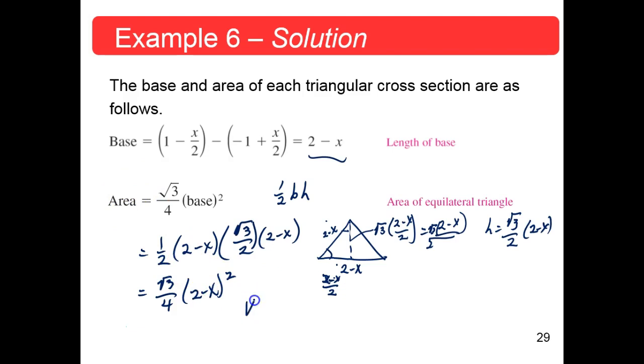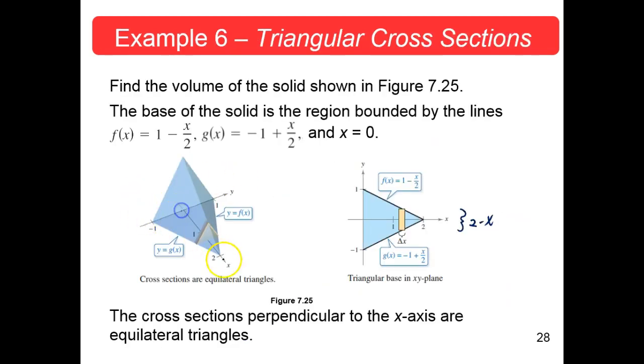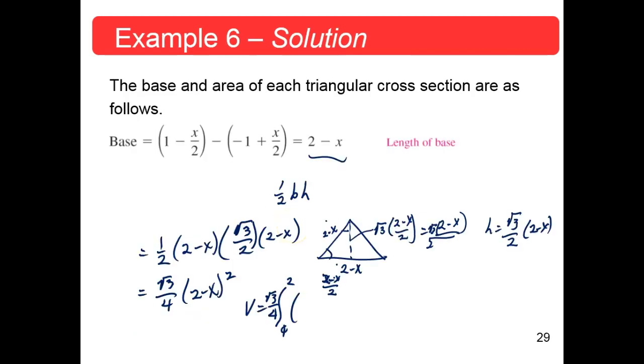So the volume is equal to the integral of the area, and I'm going to pull this part out, the square root of 3 over 4, and this is going from 0 to 2, going back to our original picture here, 0 to 2 on your dx's, and then you're going to do your (2 minus x) squared dx. That should be it, okay?